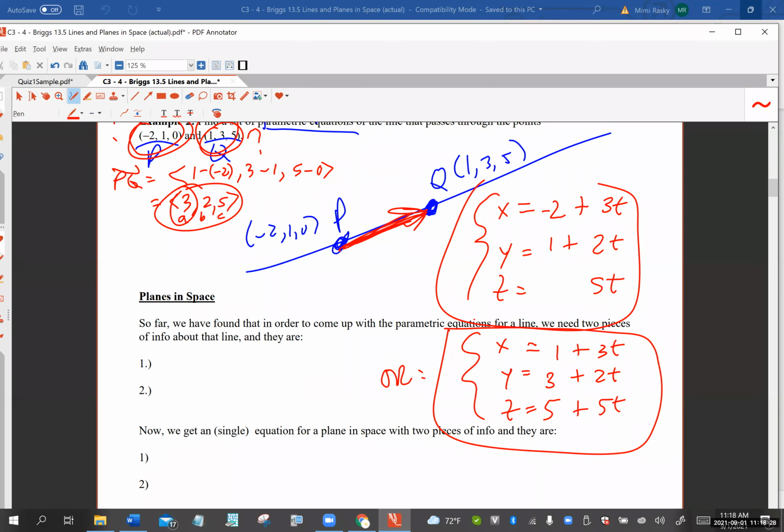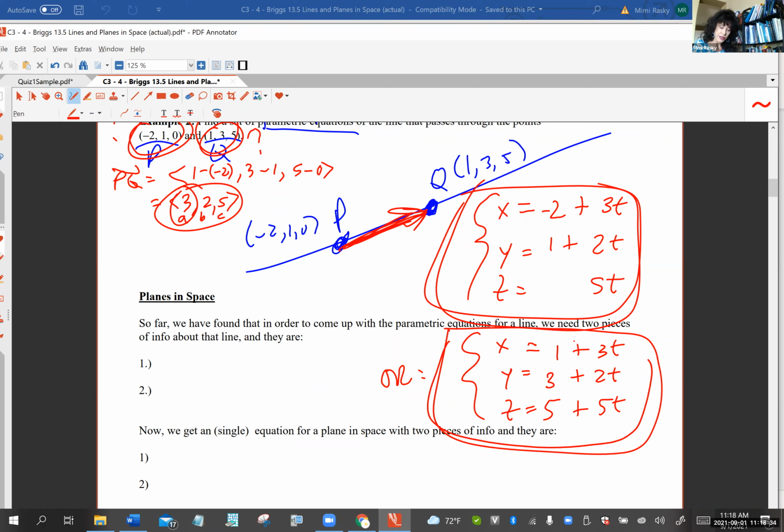But yeah, this representation of the line is exactly the same as this representation. They just used a different point on the line, and there's infinity points on the line. So we can have infinity different parametric representations for this same line. We're all talking about the same guy. Interesting.